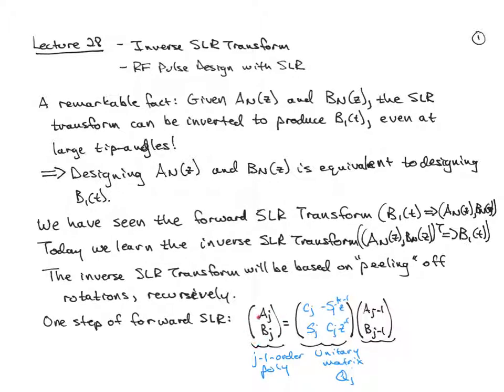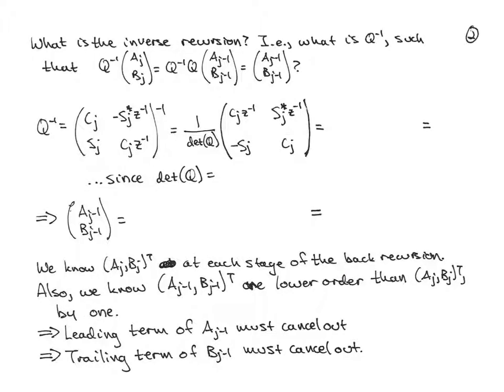And the polynomial after this rotation is applied is equal to the polynomial before this rotation is applied, multiplied by the rotation parameters of this time point. So then these previous ones are the j minus second order polynomials that you have immediately after the rotation from the previous time point. So if we want to go backwards, we need to calculate the inverse recursion. That is, what is q inverse?